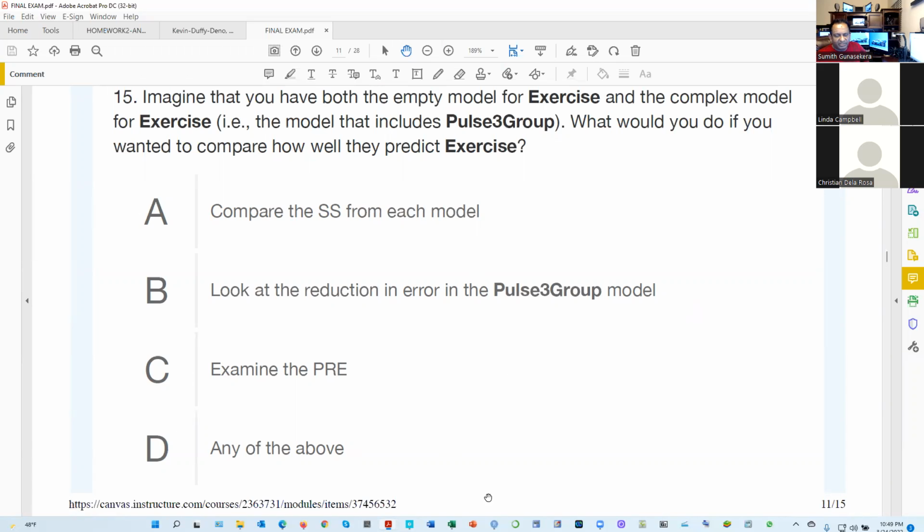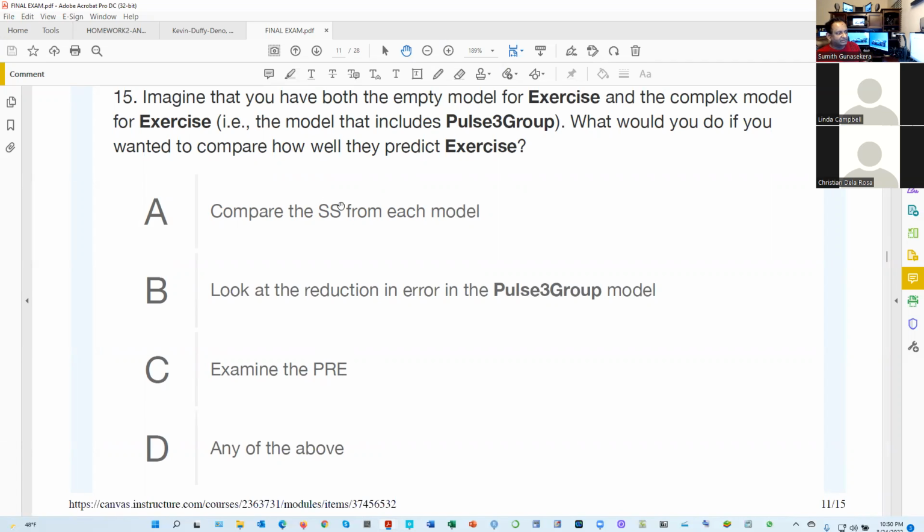Any of the above. Examine PRE or look at the reduction in error. Reduction in error is nothing but the PRE in another way. Compare what? Sum of squared error or sum of squared model, but not the total sum of squares. Total sum of squares is not going to change. SST is not going to change.